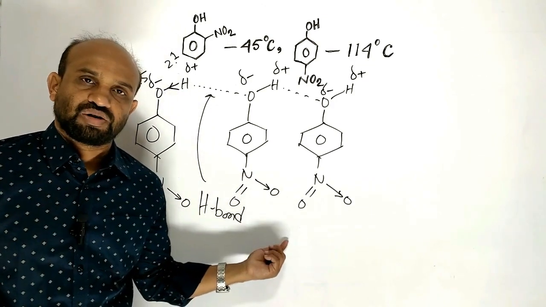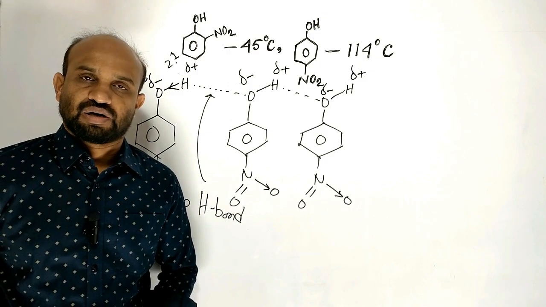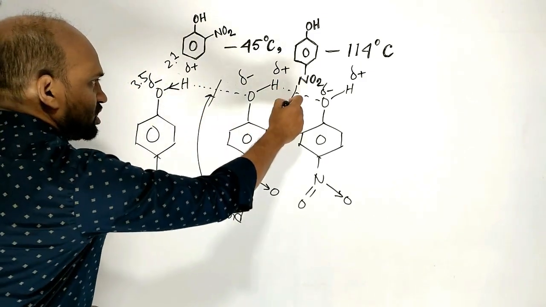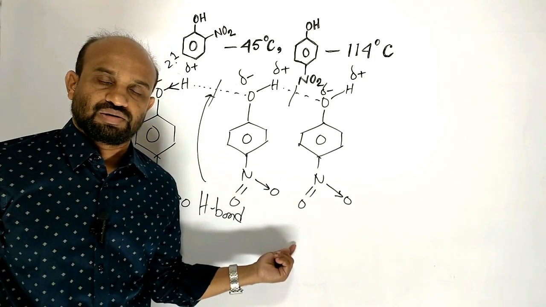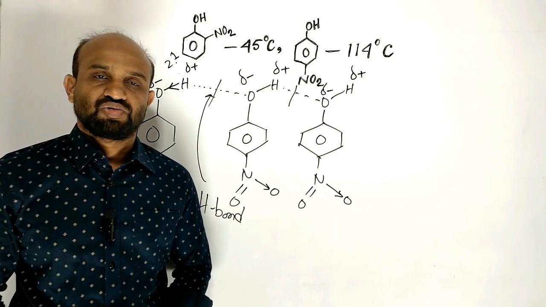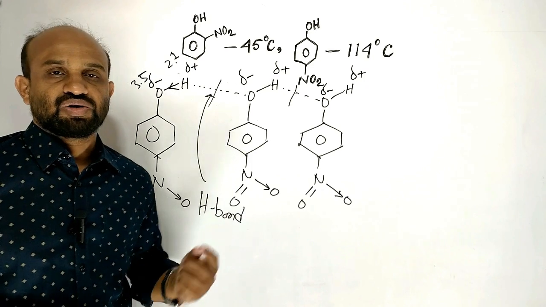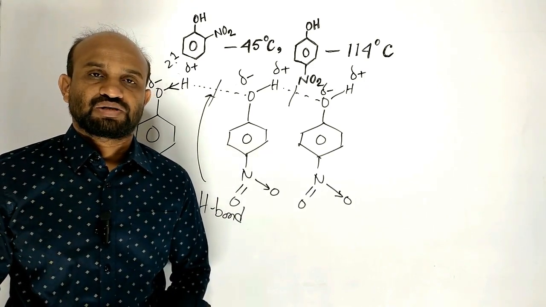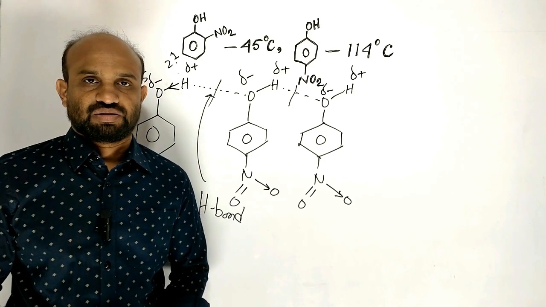Because of the formation of hydrogen bonds, molecules remain as clusters. To separate these molecules, high temperature is required. That is, 114 degrees Celsius is required to melt paranitrophenol. Because of the hydrogen bond, the melting point of paranitrophenol is very high, that is 114 degrees Celsius.